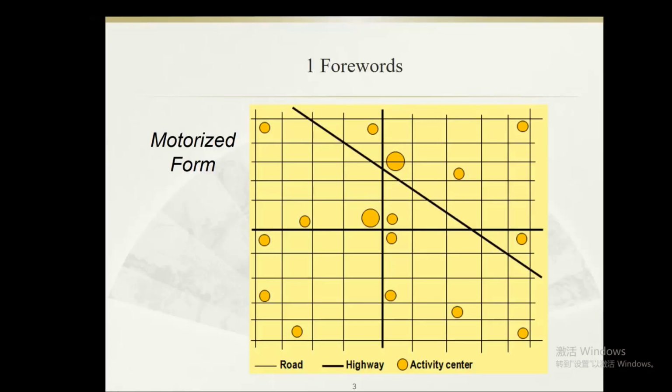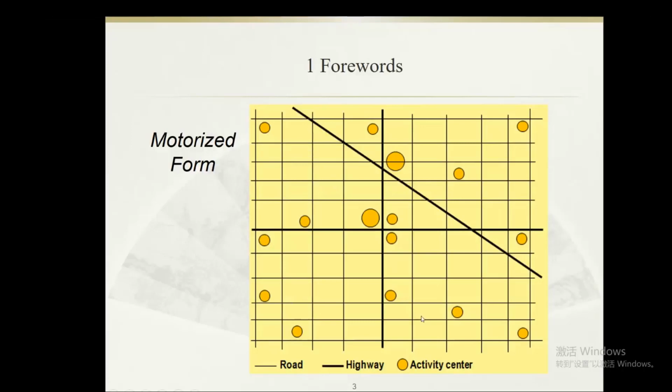No. No city center. First of all, you need to remember, a city center is not the geometric center of a city. Second, a city center is the place where most of the activities of people happen.